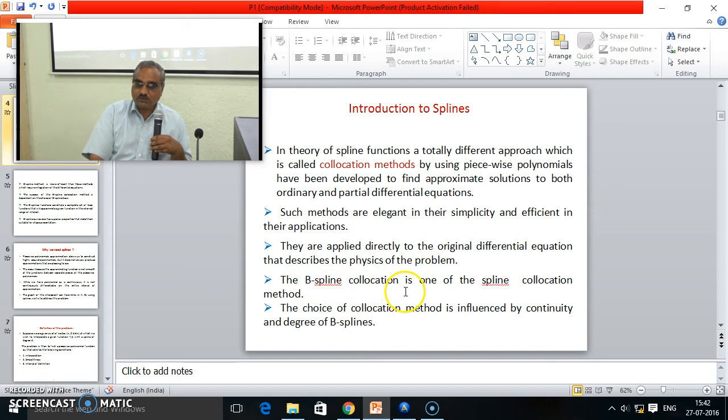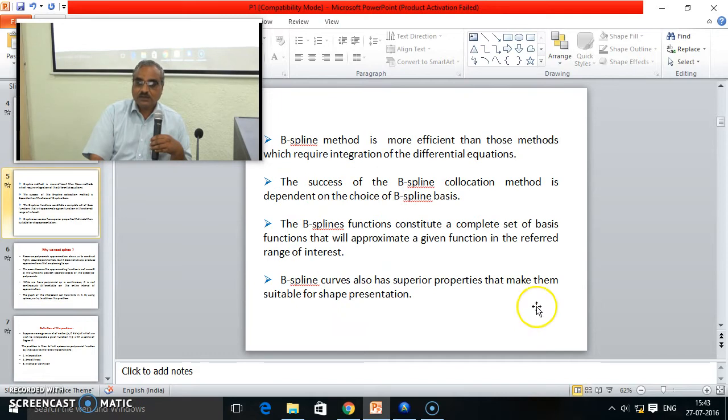The B-spline collocation is one of the spline collocation methods. The choice of collocation method is influenced by continuity and degree of splines. B-spline method is more efficient than those methods which require integration of the differential equation. The success of the B-spline collocation method is dependent on the choice of B-spline basis.